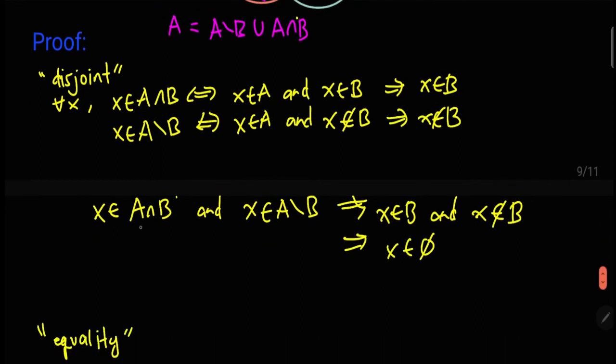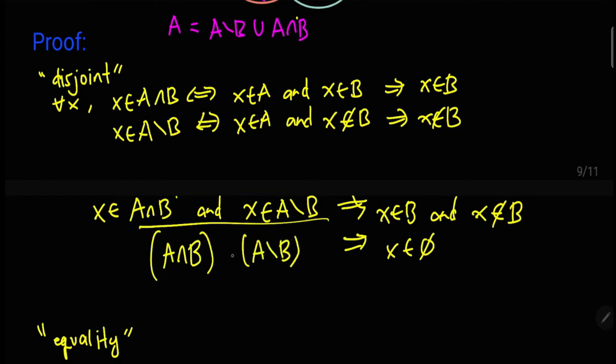So that means the intersection of A intersection B and A except B is empty.